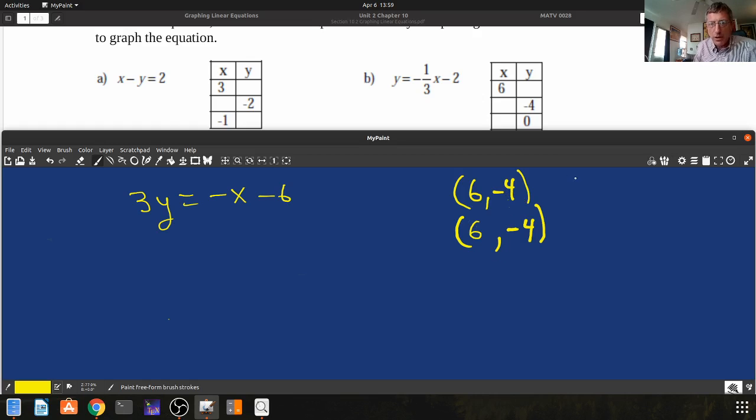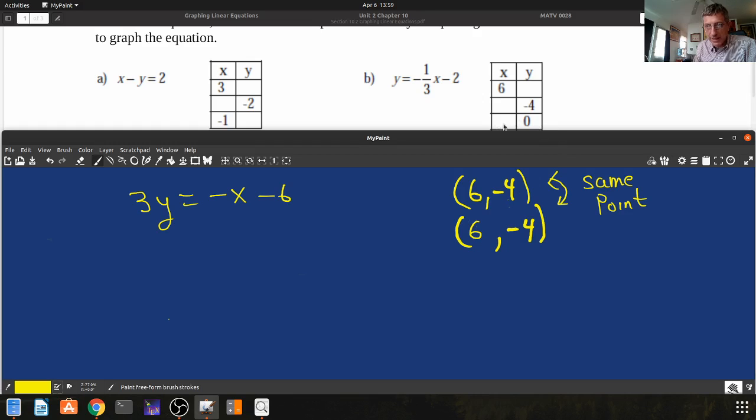So both of these are the same point. Why? Because they have the same exact value of x and the same exact value of y. You can think of the same point as things with the same address. And the x address is 6, and the y address is minus 4.